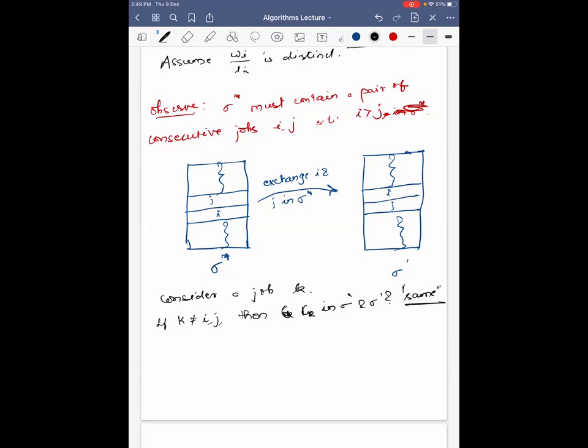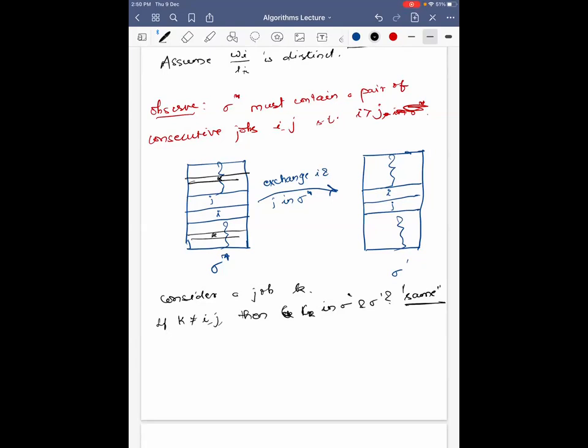Right. That's correct. Just to repeat what he said, if your job K is here, then exchanging the order of I and J has absolutely no effect on the completion time of job K. And if your job K is here, then instead of adding Li plus Lj, you are essentially adding Lj plus Li in sigma prime to obtain the completion time of K. That doesn't really affect the completion time of K, since Li plus Lj and Lj plus Li are one and the same thing.